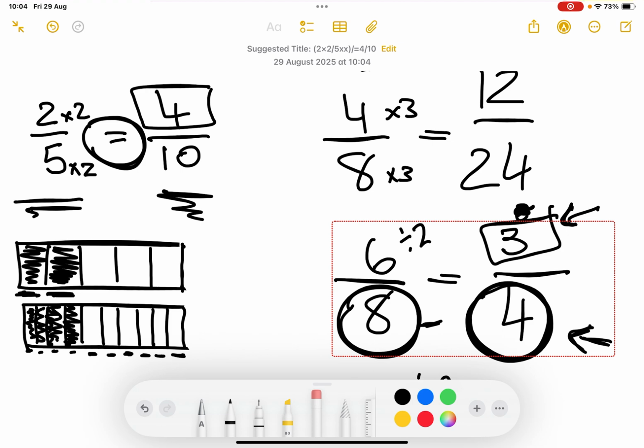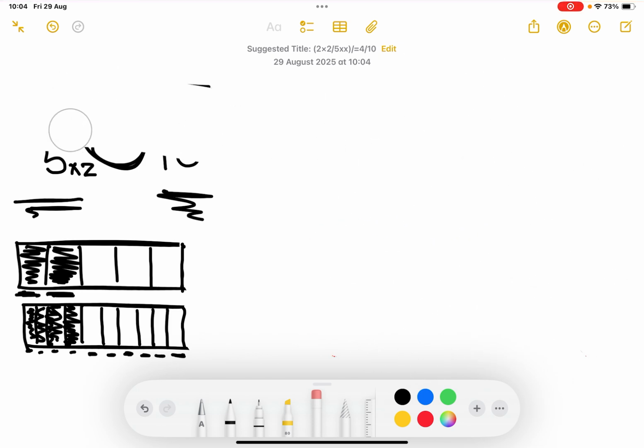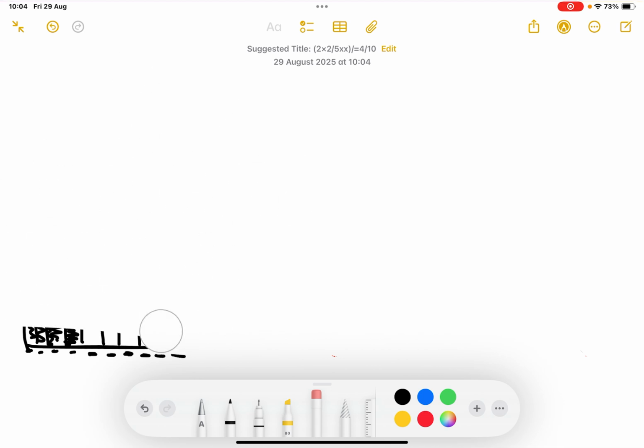All right, so we'll do one more example. And then we are done.